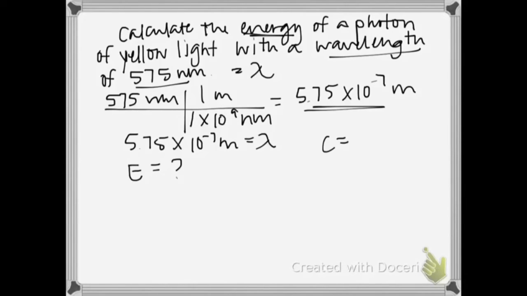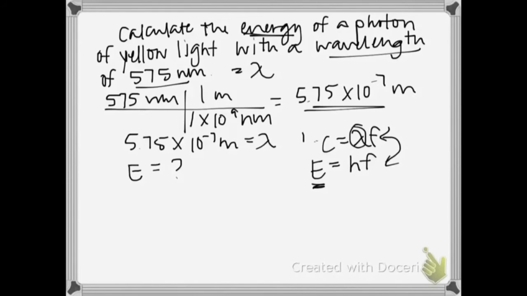So if I look at my two equations that I just went over with you, I have these two equations. So we could use that equation, but it doesn't have what I'm looking for over here. But this is a little tricky because I have F in both of them. So I can solve for my frequency first, and then I can use that frequency in the next equation.